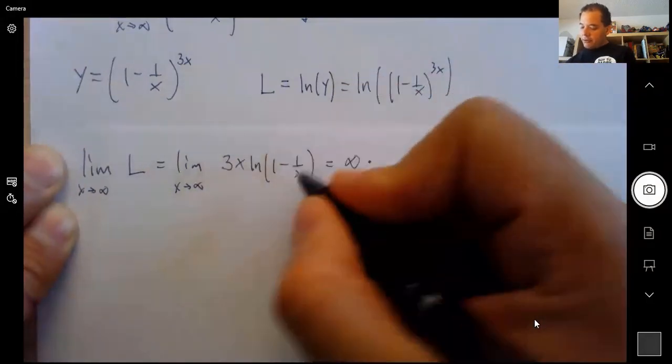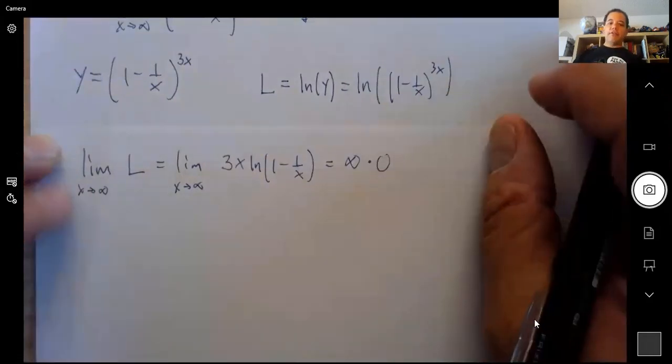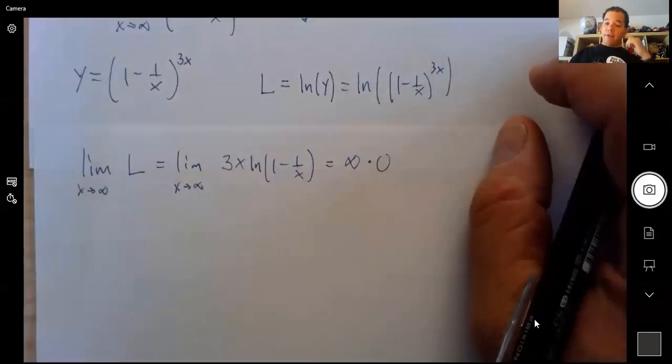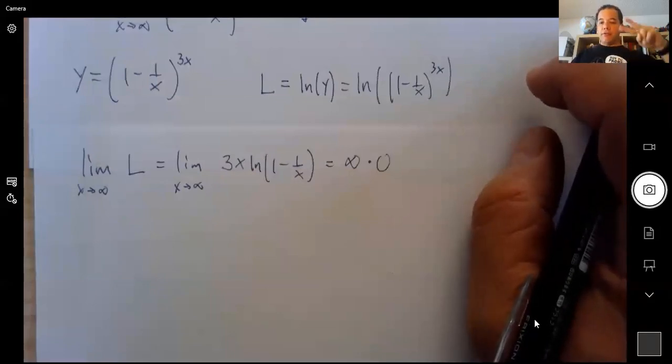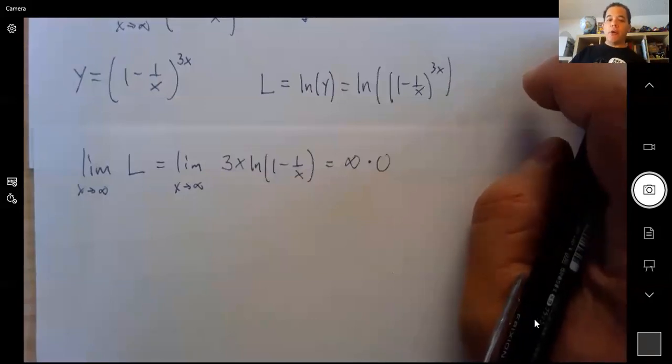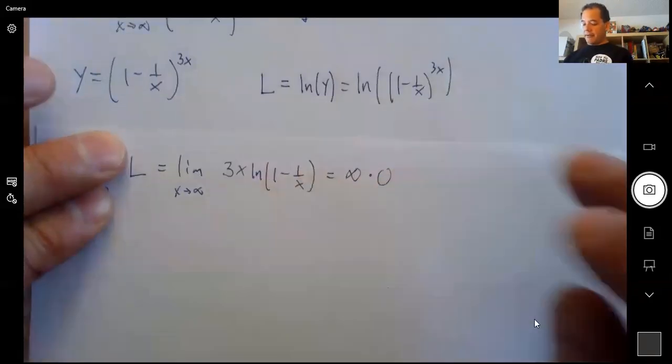And ln 1 goes to 0. So it's infinity times 0. And that's another indeterminate. And the way to make it so that we can apply L'Hopital's rule is to move one of the two to the denominator, so that it becomes 0 over 0 or infinity over infinity. And you always move the one that is easier. In this case, don't mess up with the ln, right?